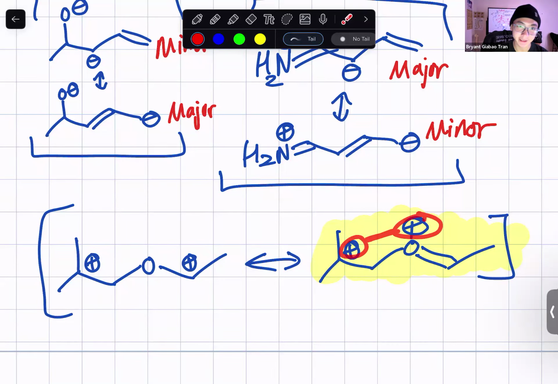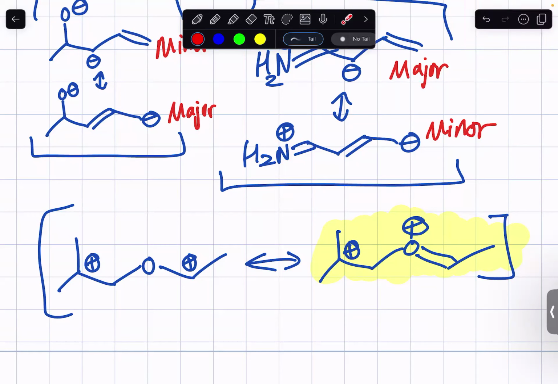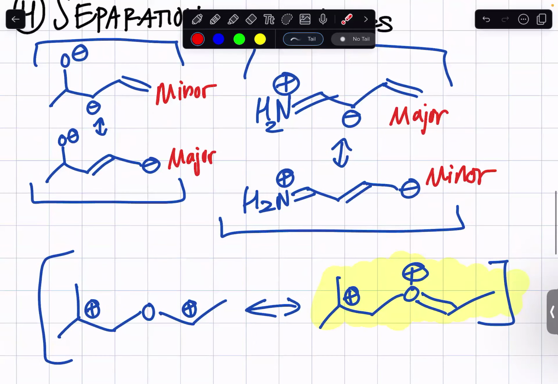Those are tricky things, but the octet rule overpowers those factors. The number one thing you look out for is the octet rule. If all resonance structures have the same octet rule factor, then you look at the other factors. But the first thing you look at is the octet rule for the major contributor.